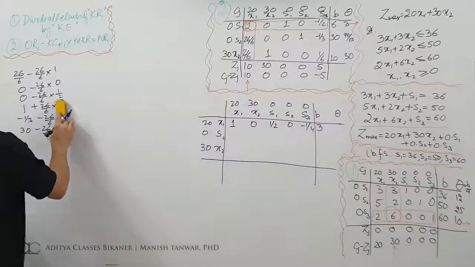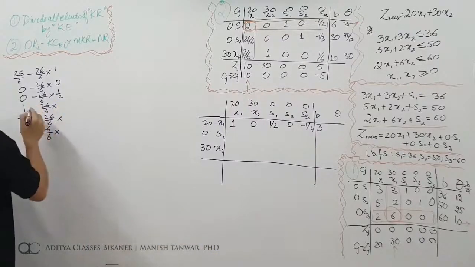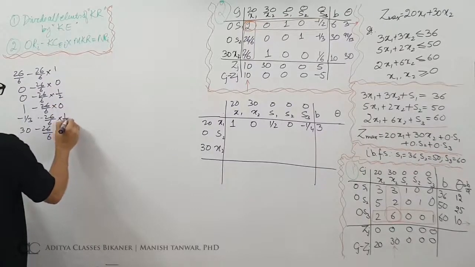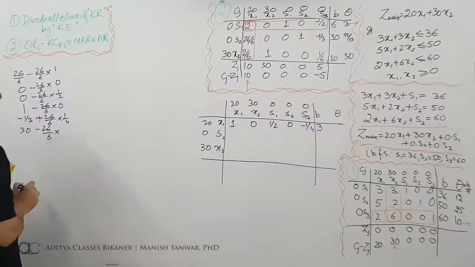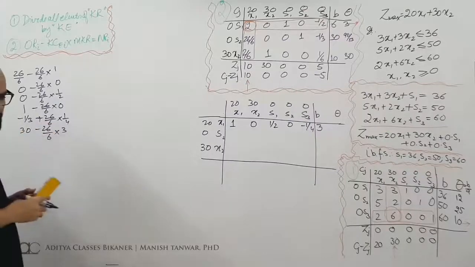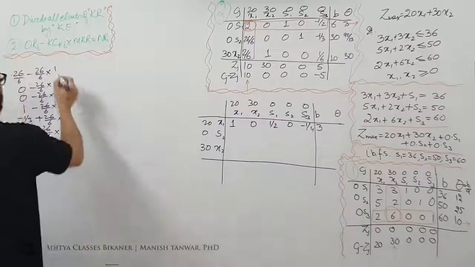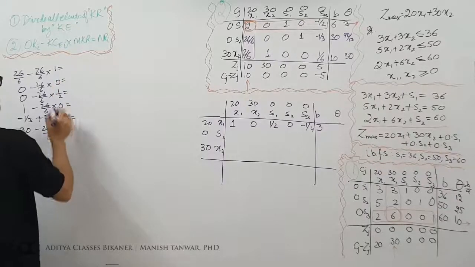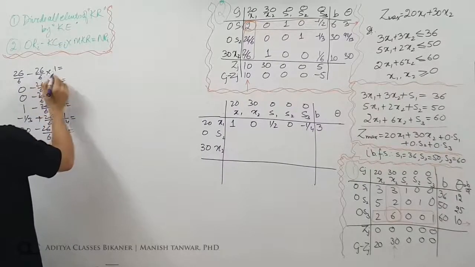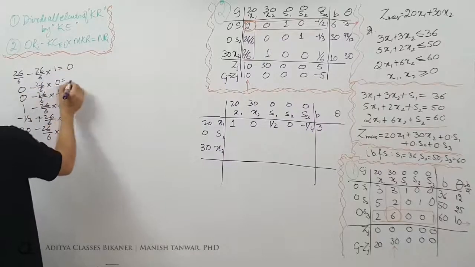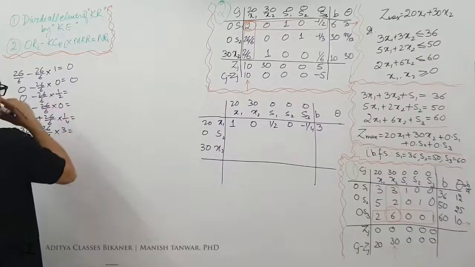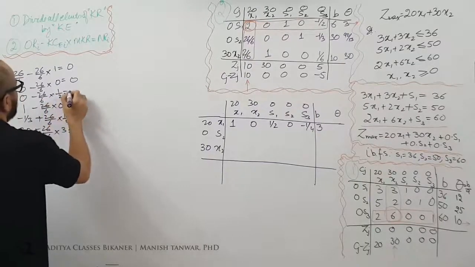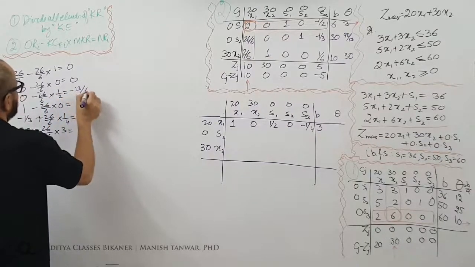We had a 1, 0, half, 0, minus 1 by 4 and 3. So this was it. What do we get? We get 26 by 6 minus 26 by 6, 0. This becomes 0. This becomes minus 13 by 6.